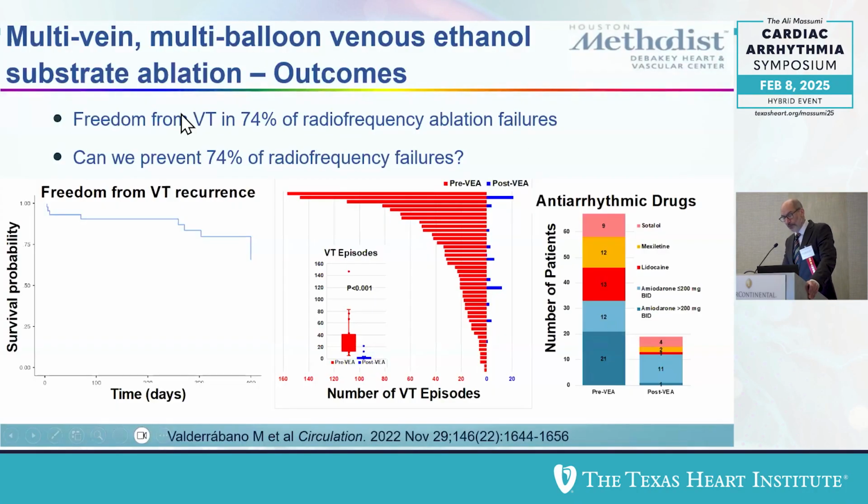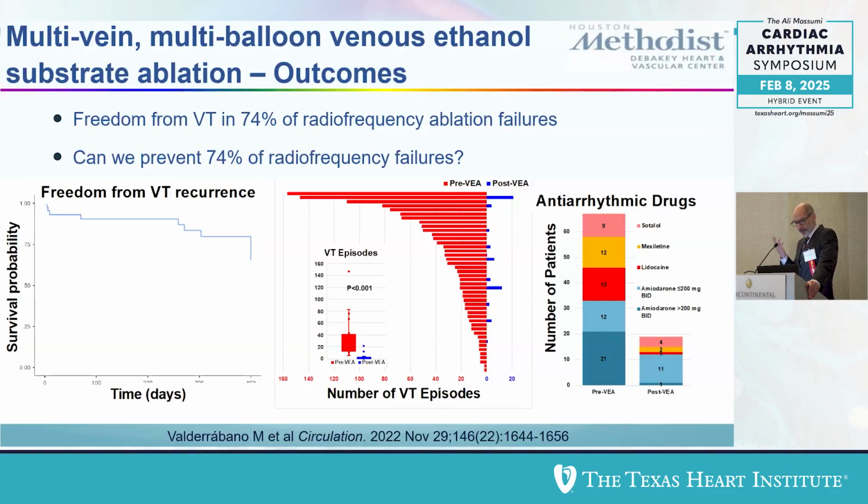So we took a series of 44 patients that had failed previous ablations. These are patients with substrate. 50% of them had non-ischemic cardiomyopathy, and 50% of them were ischemic. Two-thirds of them were coming with VT storm and had failed previous radiofrequency ablation.